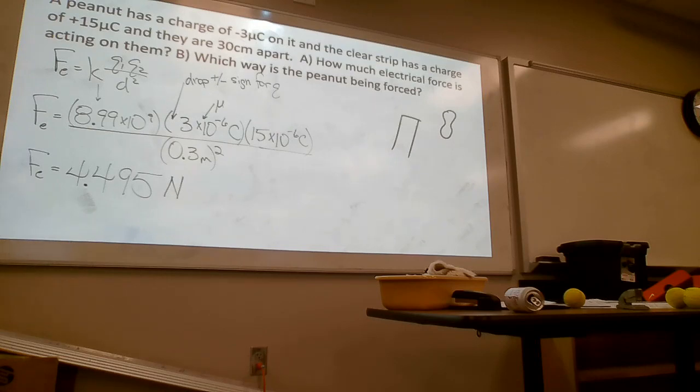All right. So B. Which way is the peanut being forced? Tell your neighbor. See if you can figure it out together. Which way is the peanut being forced? To the right or to the left?